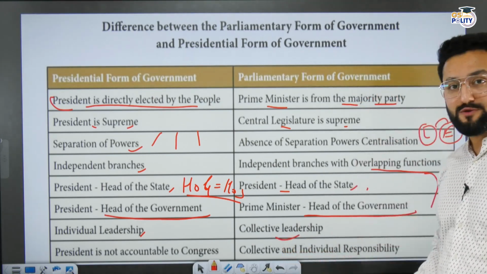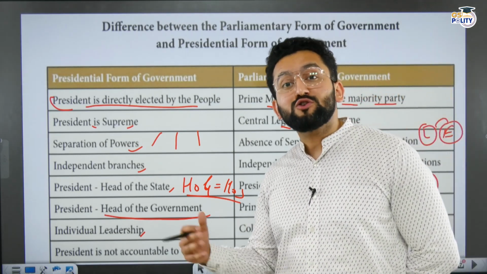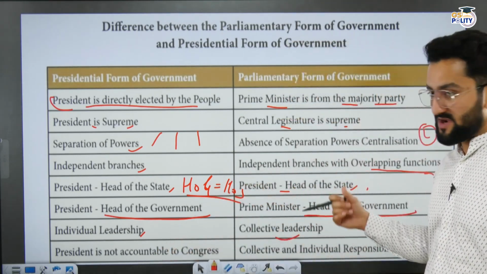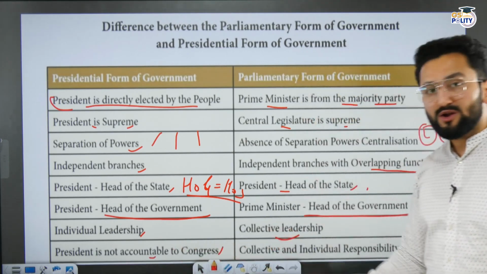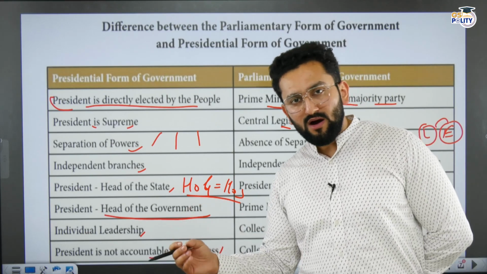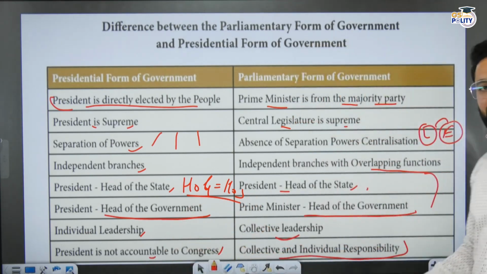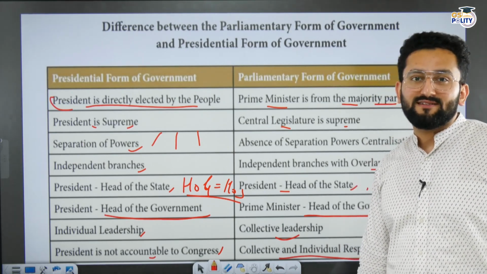Now, collective leadership, it means PM along with Council of Minister is considered as government. President not accountable to the Congress, right? So it means president is having some law making power, and in this scenario they are not accountable to Congress. But here collective and individual responsibility is there.